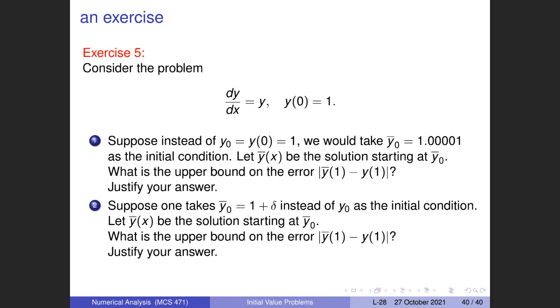We know what the solution is. Compute the upper bound on the error. We still have the exact solution. The first part, we do this with a numerical example. The second part of this exercise does this symbolically.